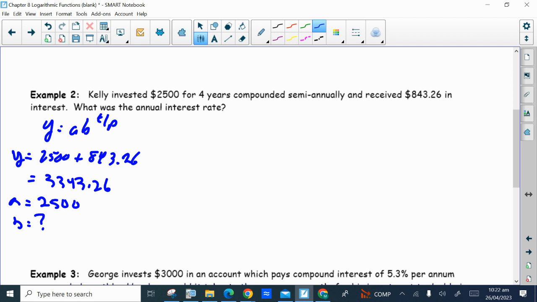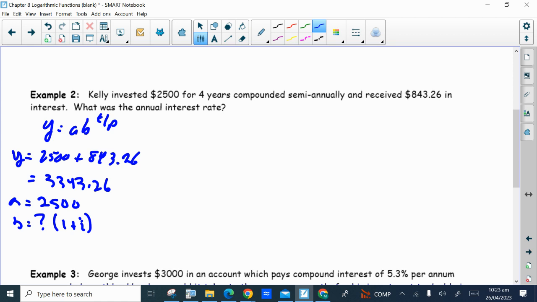And remember, B will be 1 plus I, where I represents the semi-annual interest rate. So when we figure out what I is, that will be the semi-annual interest rate. We'll have to double it because we want to know what the annual interest rate is.